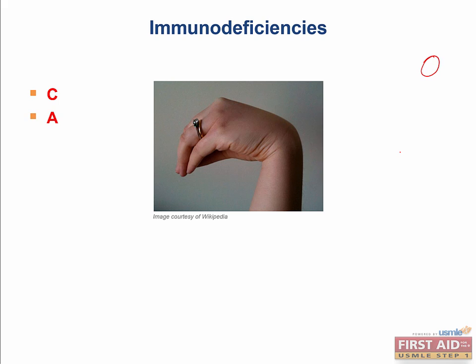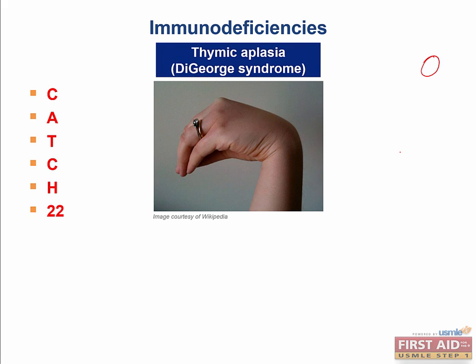She has an abnormal face appearance. She has an absent thymus. That's a big clue to this disease. She has a cleft palate, hypocalcemia, as we mentioned, and a mutation in her chromosome 22. So catch 22, what is her disease? She has DiGeorge syndrome or thymic aplasia.